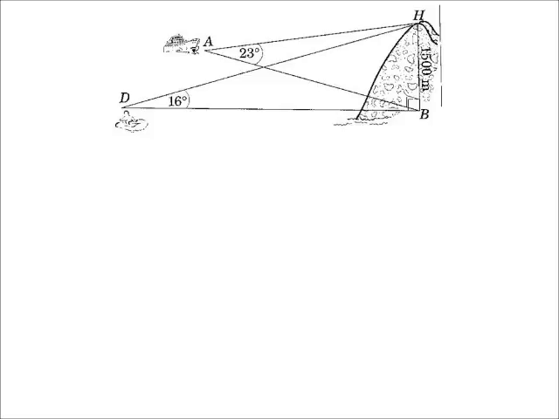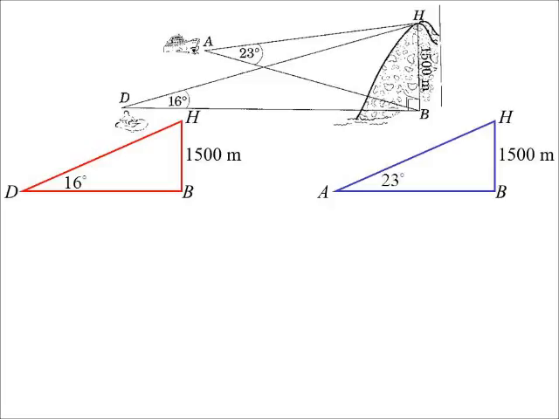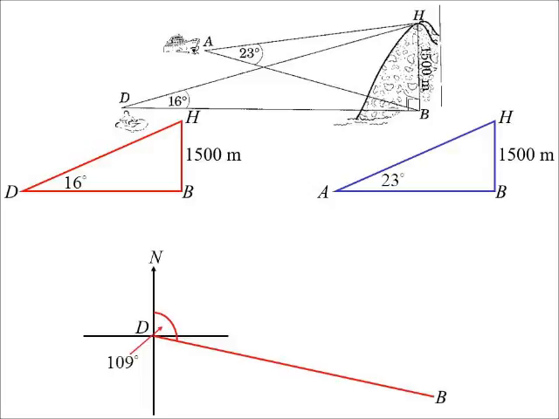All right. So I'm going to redraw all the different triangles to make life easier for myself. So I've got triangle HDB, and I know a side and an angle in that one. I've got triangle HAB, again we know a side and an angle. Then if I look down on the ground, we know the bearing from David to the base, which they've labelled B. We know that bearing's 109.